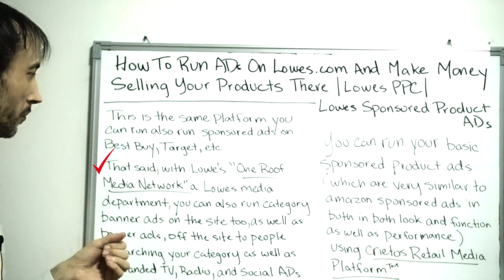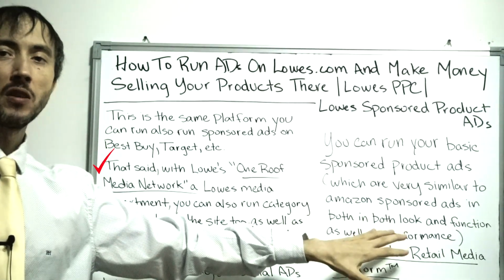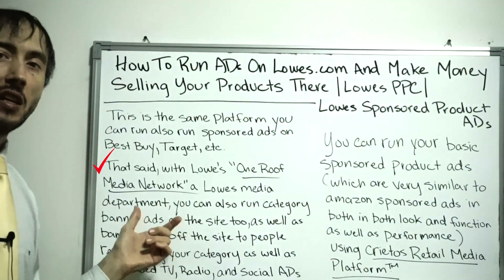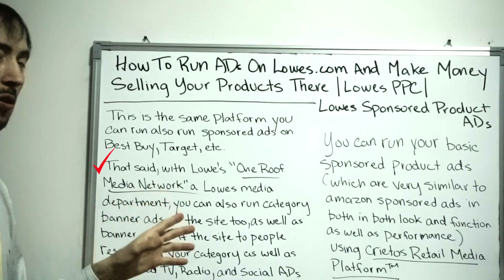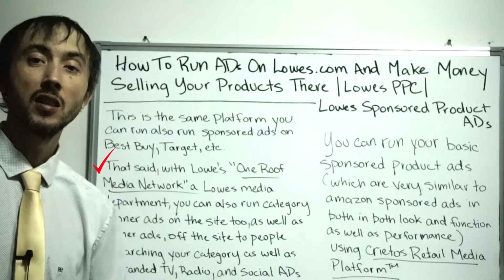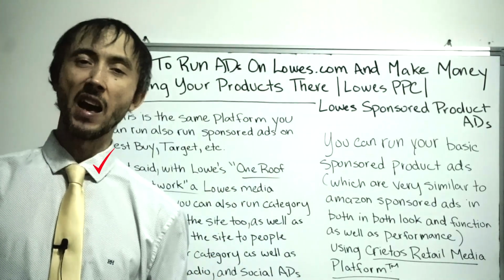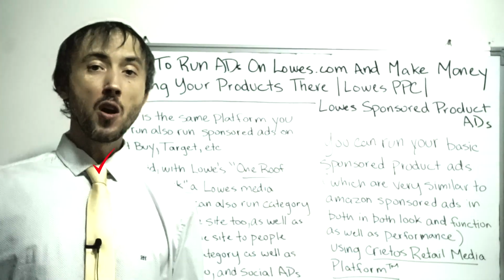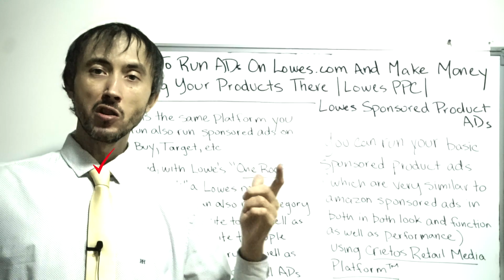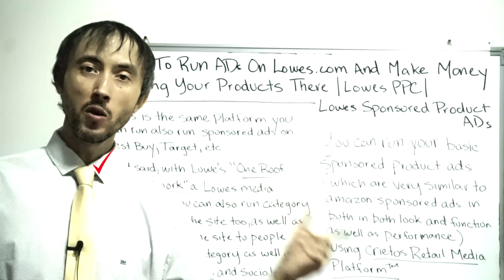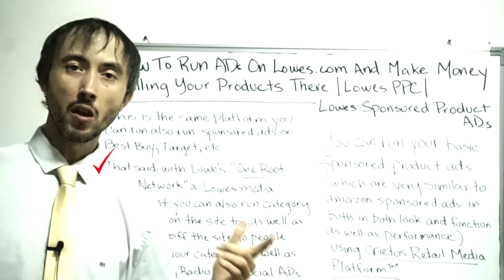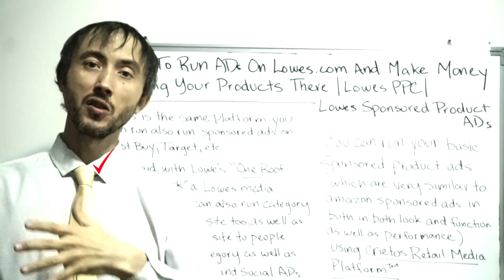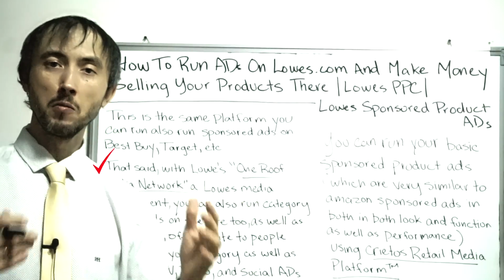So once you've already gotten all the value you can out of running the sponsored product ads, what I would highly recommend is going through this One Roof Media Network to ask them to run category-based banner ads for you as well. Because if the sponsored product ads work, there should be no reason why a banner ad listed in your same category to send more traffic to your listing shouldn't also work. Or just send traffic to your site, which potentially can be done.